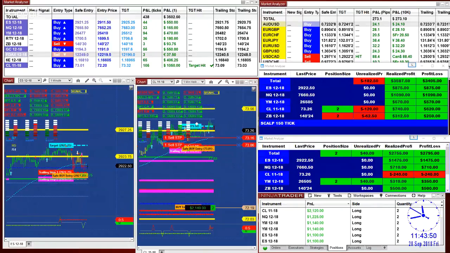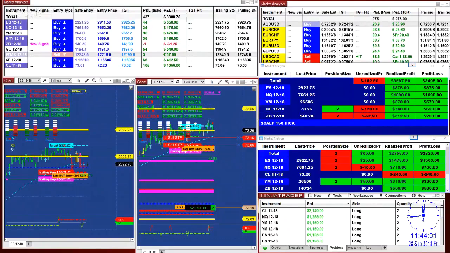No big deal. We are 437 ticks into the profit, and this is based on the last entry signal. Let me see. We're going to hang around.